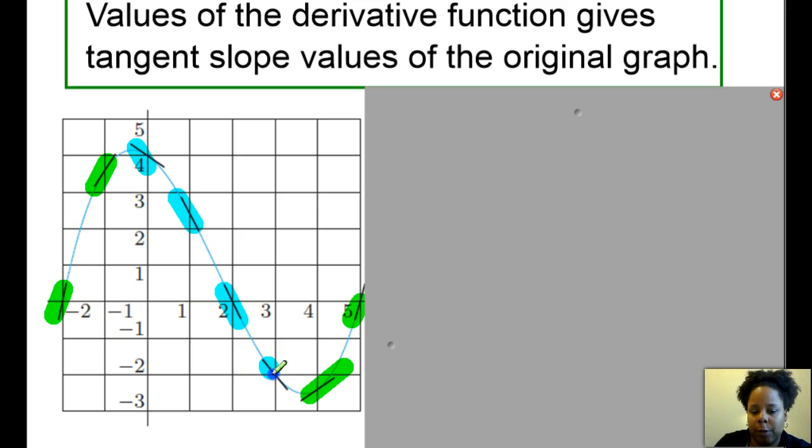So it seems like my derivative graph will have positive output values between -2 and about -0.5, and it will have negative output values, the derivative function, between -0.5 and about 3.5, and then it'll go back to positive values from 3.5 till about 5. So let's see what that would look like once we graph it.